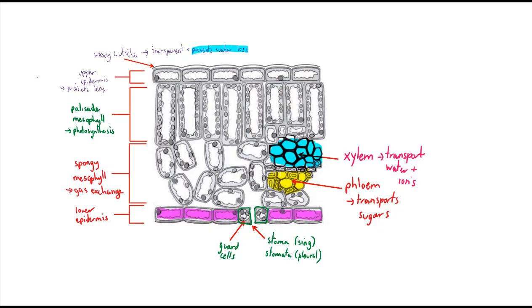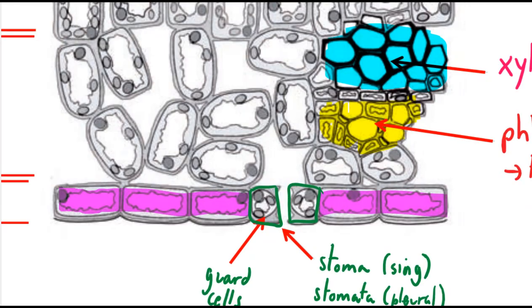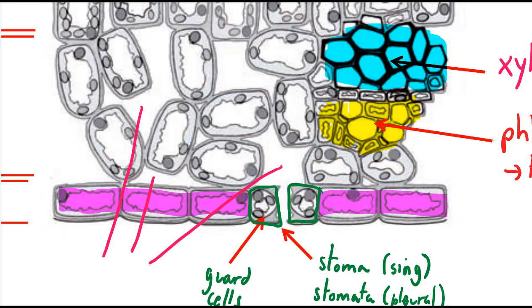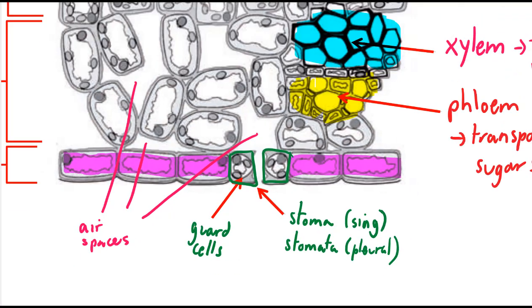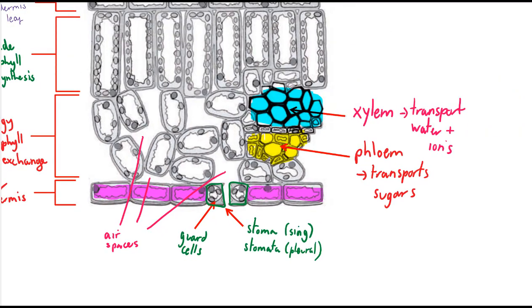If we just pick out a few more things which we might find and we might talk about, we've got these areas here, which are air spaces, and they, as you'll see here, are found in the spongy mesophyll. They allow gases to circulate through the leaf.